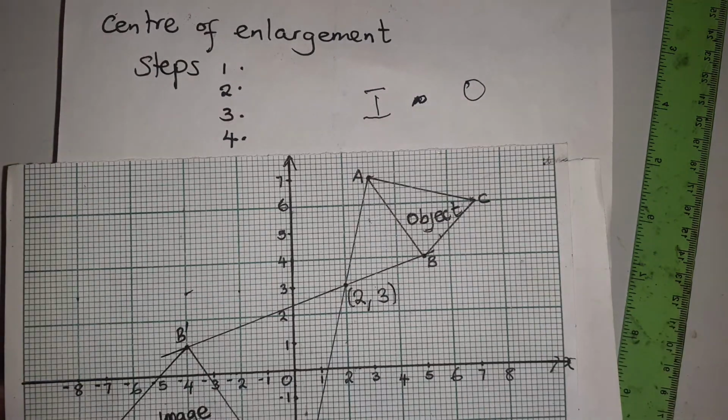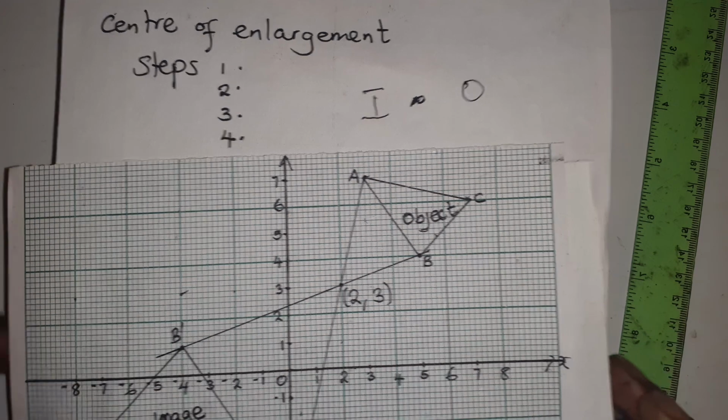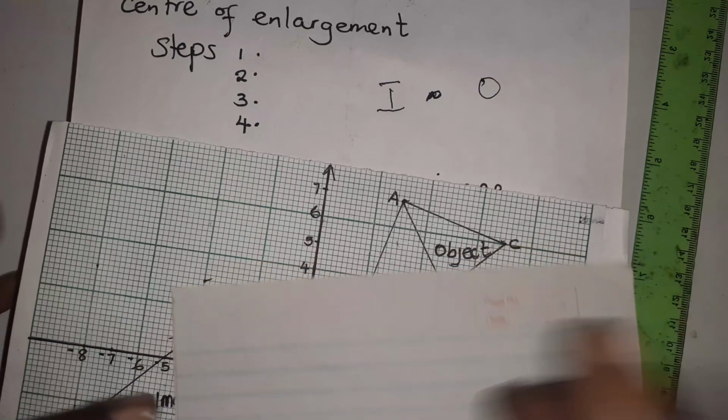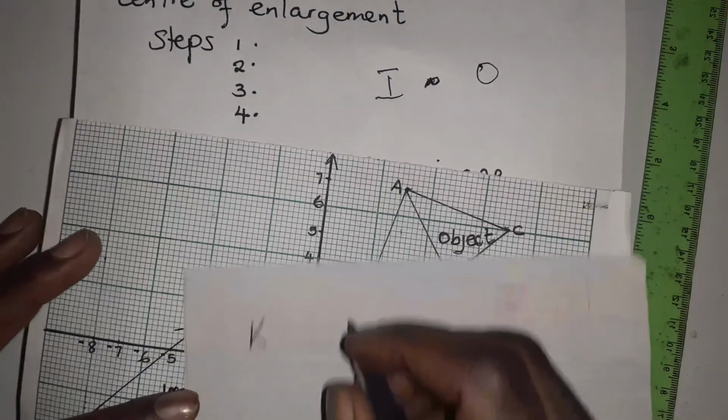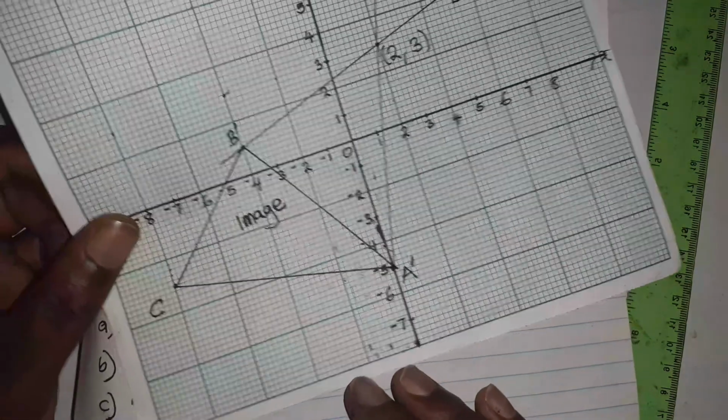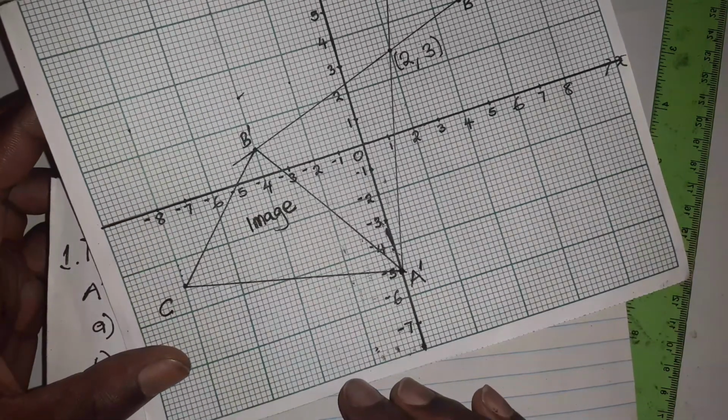What about the scale of enlargement? I've told you that you need to know what you are measuring. Remember we said K is equal to the length of the image over the length of the object.